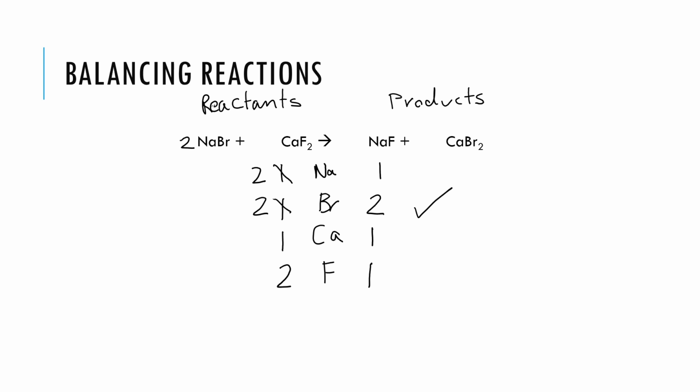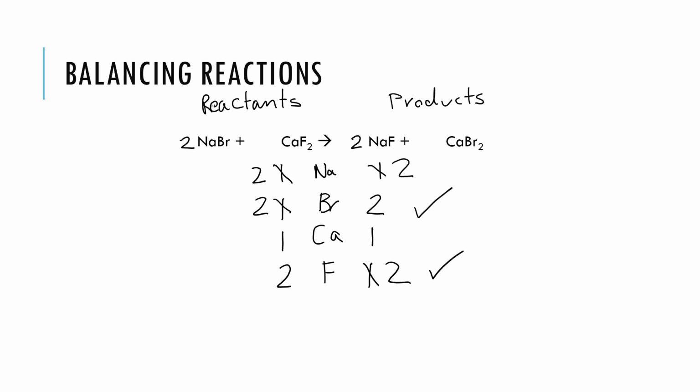Next up, we're going to move down to the fluorine. We'll loop back up to the sodium at the end. For our fluorine, we have 2 fluorine on the reactant side and 1 on the products. What I'm going to do is put a 2 right here. Just like before, this 2 changes our number of sodiums and our number of fluorines. It will give us 2 fluorines, but it will also give us 2 sodiums.